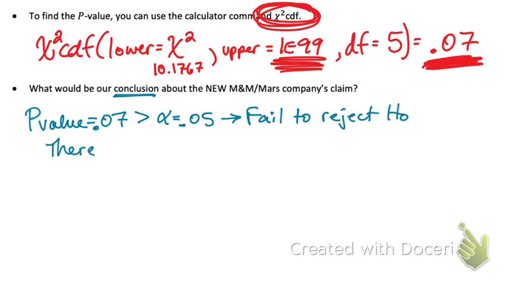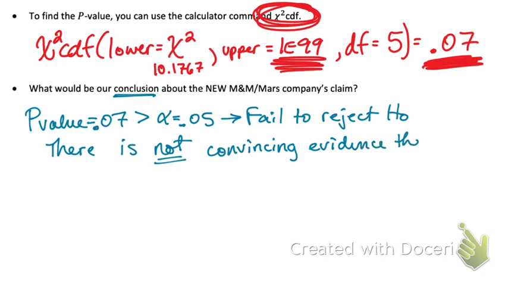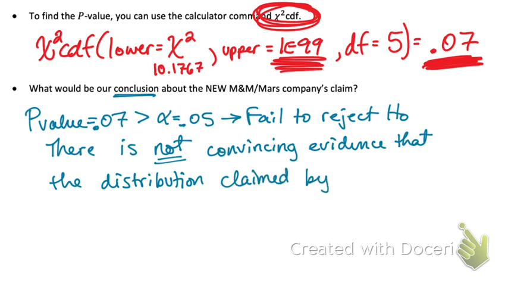So this is still a statement: there is not convincing evidence that the distribution claimed by Mars is incorrect.